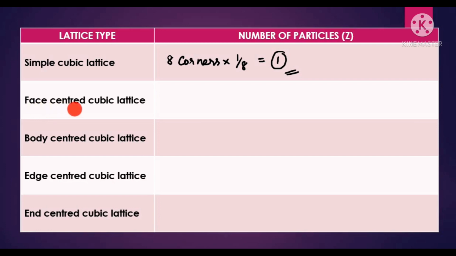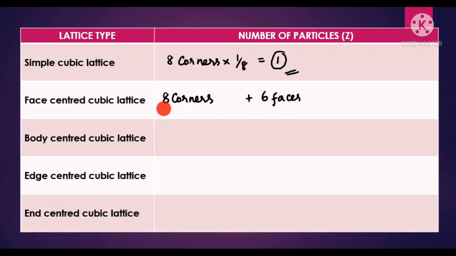Okay, face centered cubic lattice has 8 corners and 6 faces, is it not? So in 8 corners we will be having 8 atoms, and in 6 faces we will be having 6 atoms, is it not?